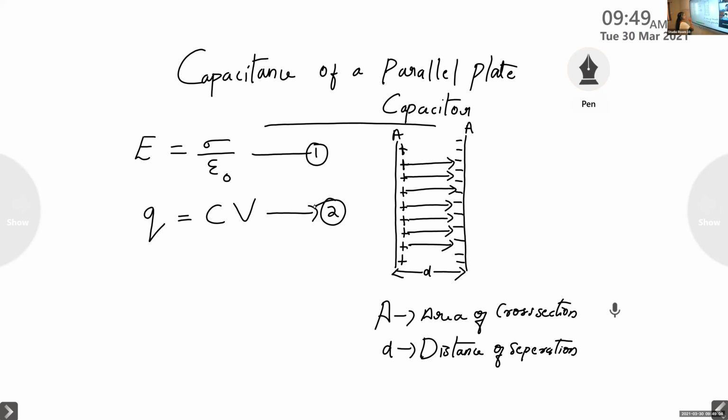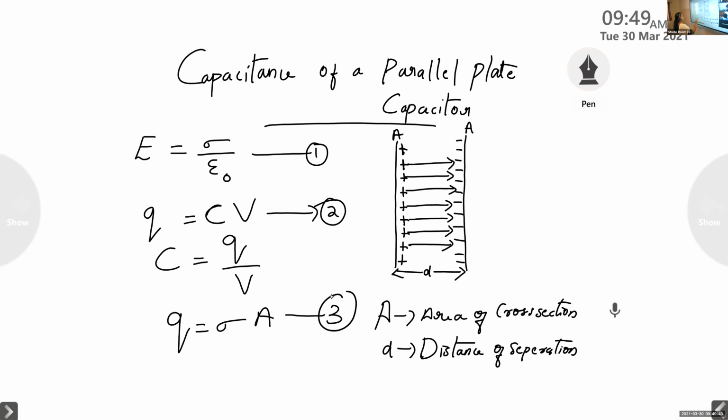In the case of this conductor, the charges are distributed on the surface, so Q is equal to sigma A. Now we can derive an expression for the capacitance. From Q is equal to CV, C is equal to Q by V. But here we have Q is equal to sigma A.